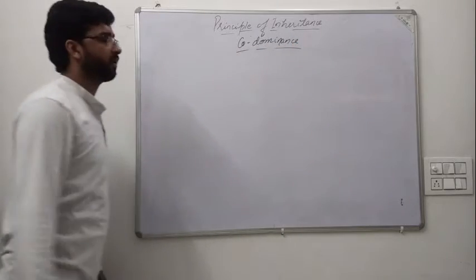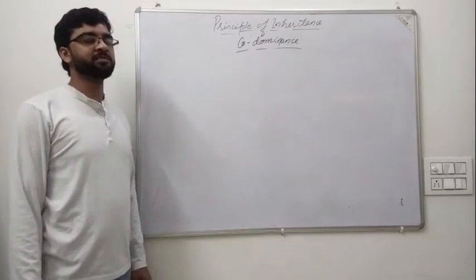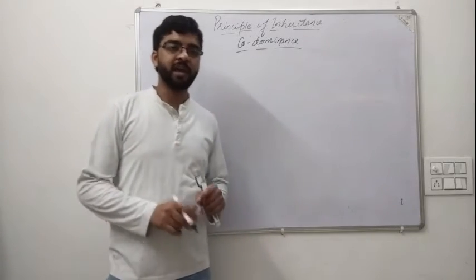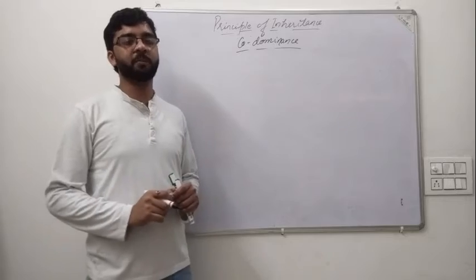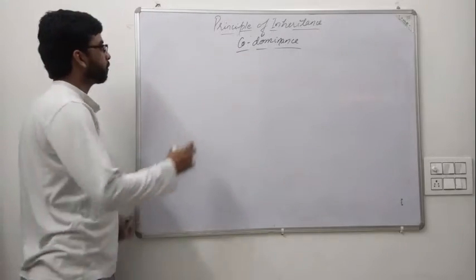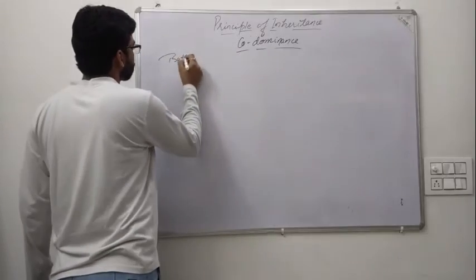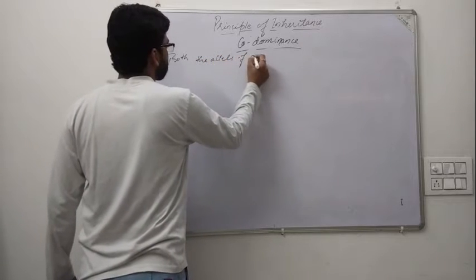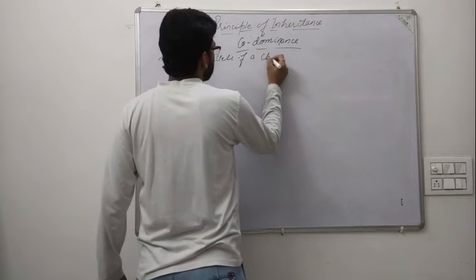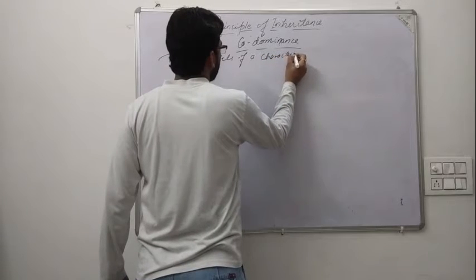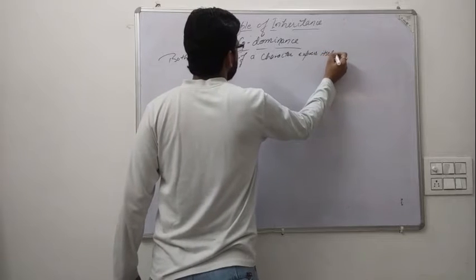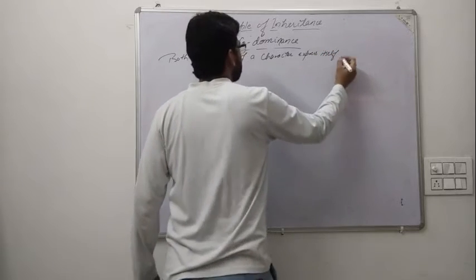As the name suggests, codominance means both the alleles for a gene express themselves independently. Both the alleles of a character express themselves.